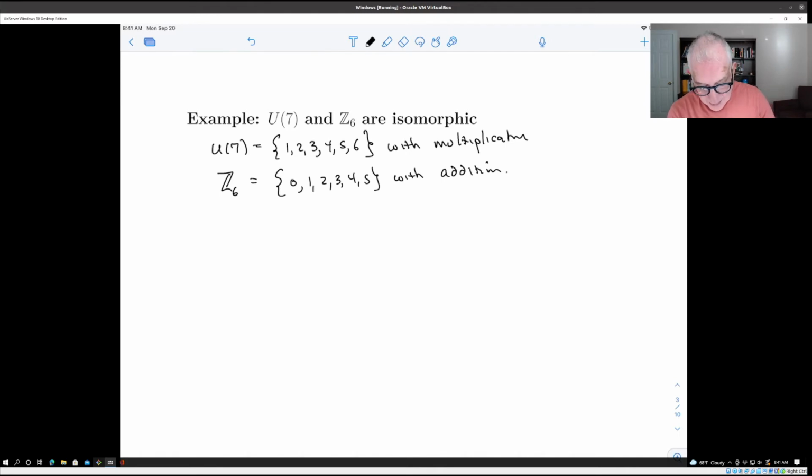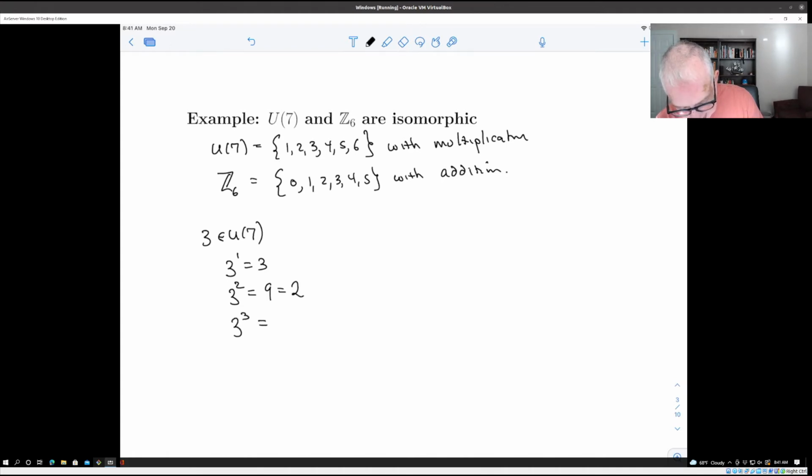So let's notice that if you take the number 3 in U of 7 and you look at its powers, you have 3 to the 1 is 3, 3 to the 2 is 9, mod 7, which is 2, 3 cubed is 6, 3 to the 4th is 81... 18, which is 4 mod 7, 3 to the 5th is 12, which is 5 mod 7, and then finally 3 to the 6th is 15, which is 1 mod 7.